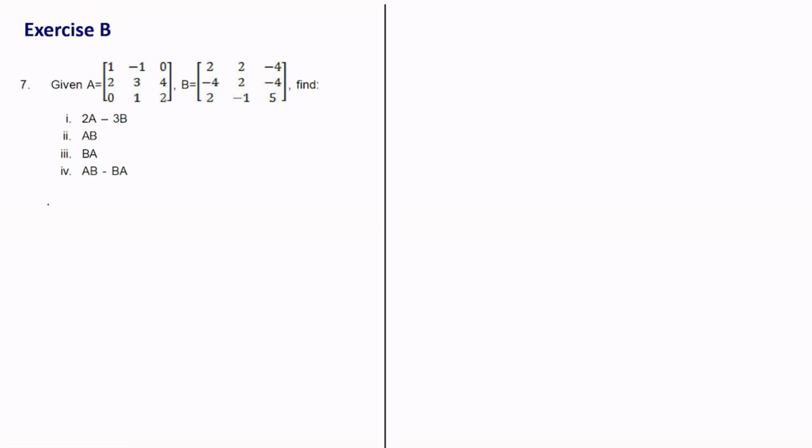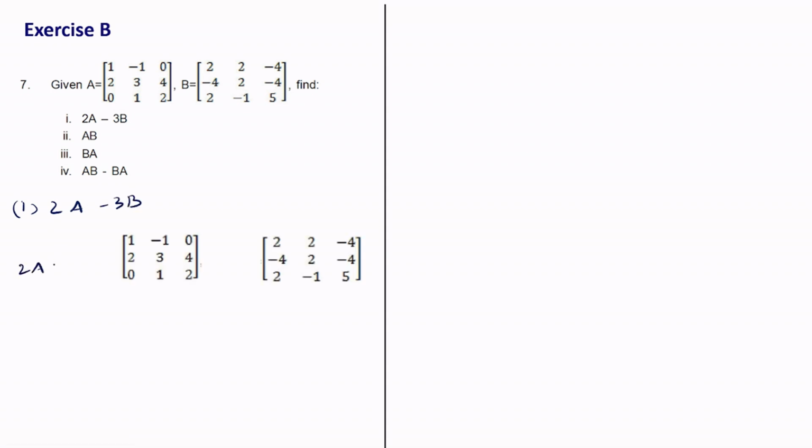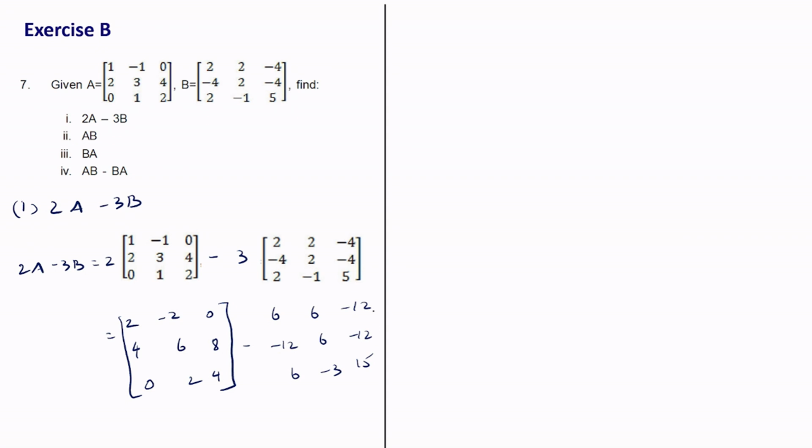This is the first subdivision. 2A minus 3B is nothing but 2 into matrix A minus 3 into matrix B. So this is matrix A and this is matrix B. So this is [2 -2 0; 4 6 8; 0 2 4] minus [6 6 -12; -12 6 -12; 6 -3 15].